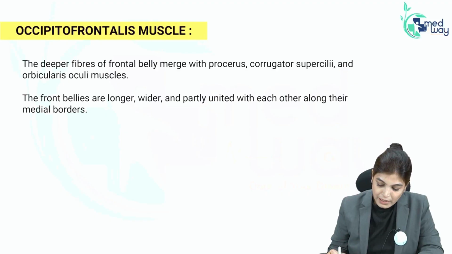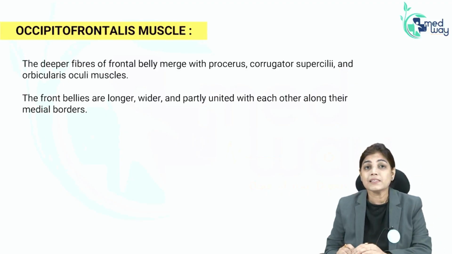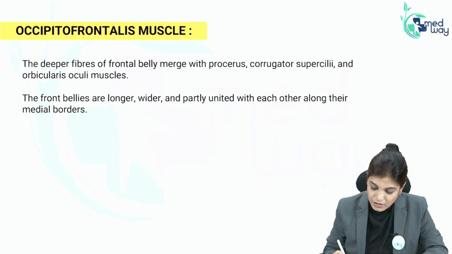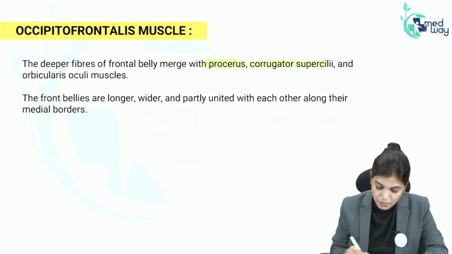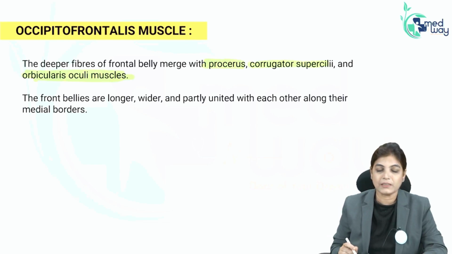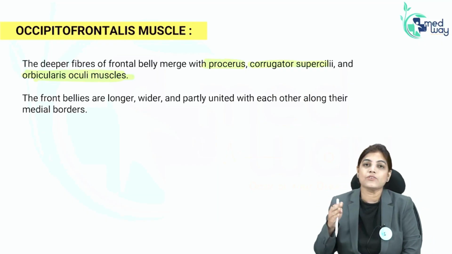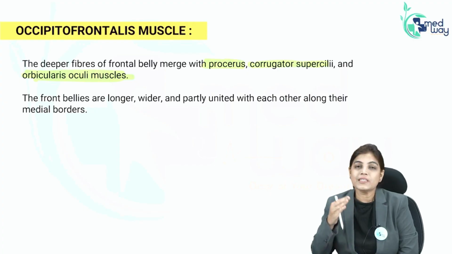Now, if I am talking about the frontalis muscle belly, it is merging with the muscles of facial expression. So it is merging with procerus, corrugator supercilii and orbicularis oculi muscle. So actually in our face, we have got different categories of muscles of facial expression, which detail I will give you.